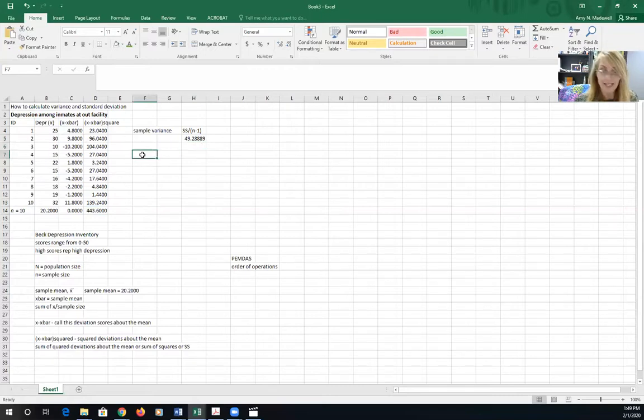We are not done. To get our sample standard deviation, we need to get the square root of our sample variance.